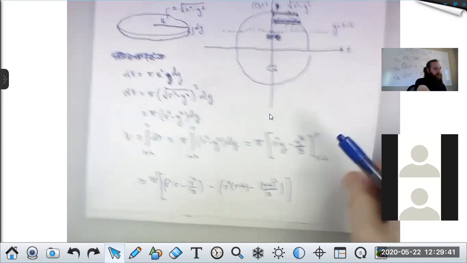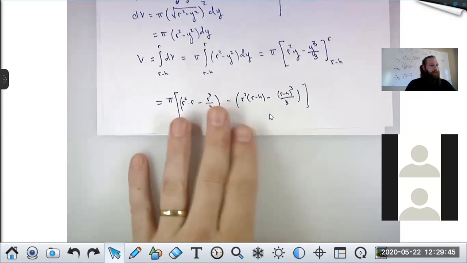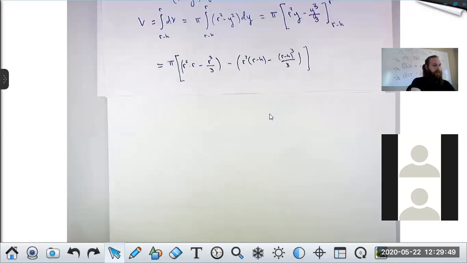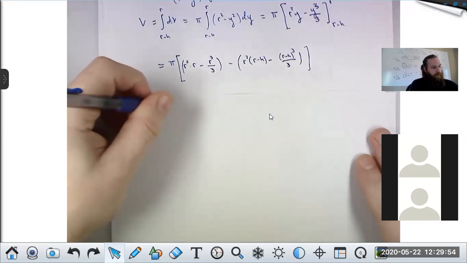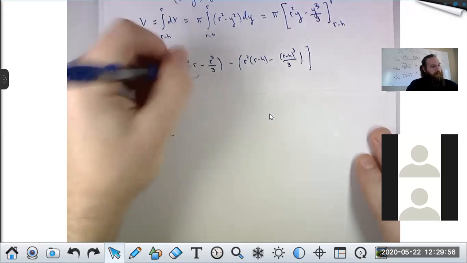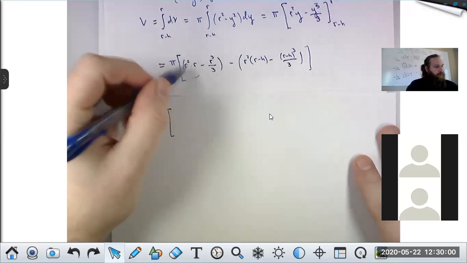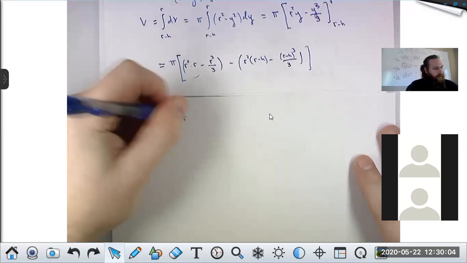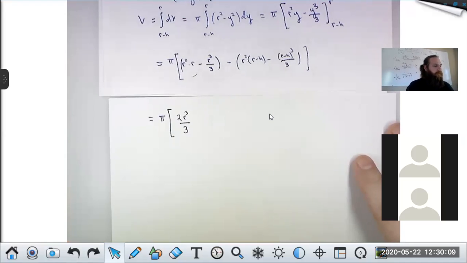All right. So then we can do some algebraic simplification. This is r cubed minus r cubed over 3. So that's 1 r cubed minus 1/3 r cubed. That's 2r cubed over 3. That's the first parentheses.